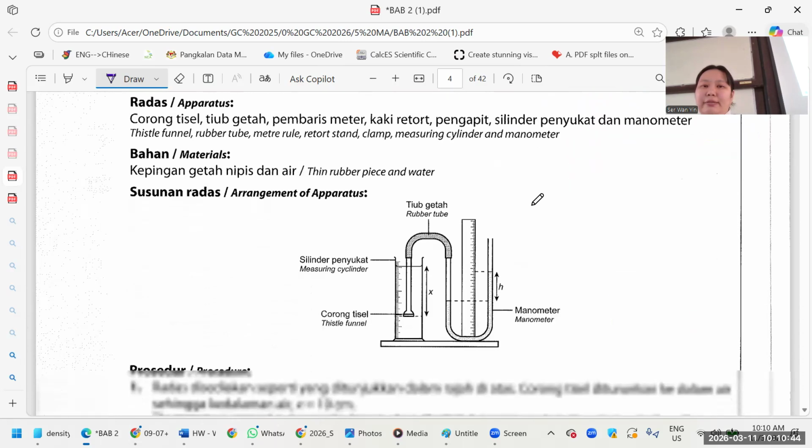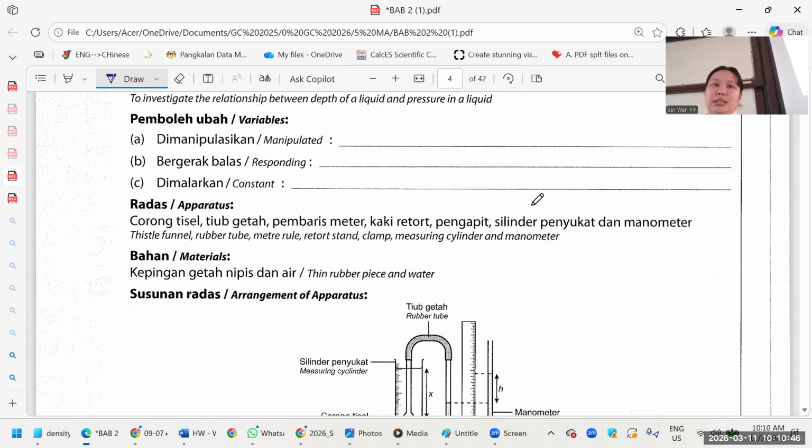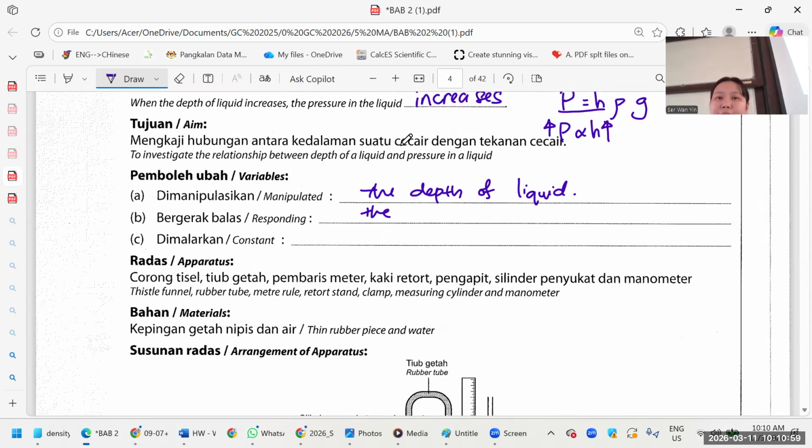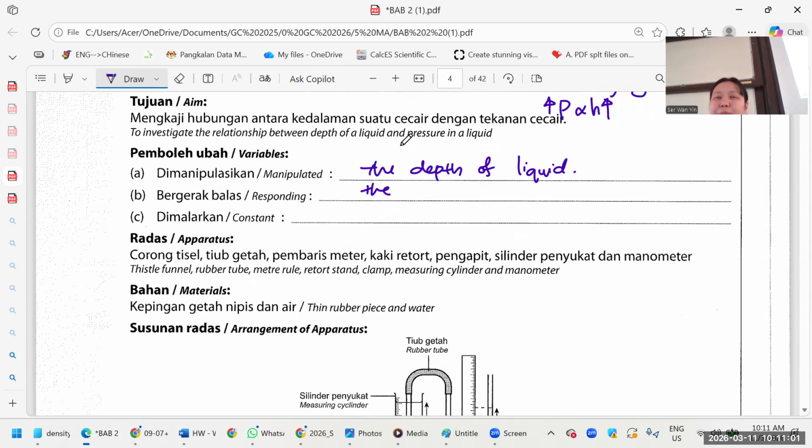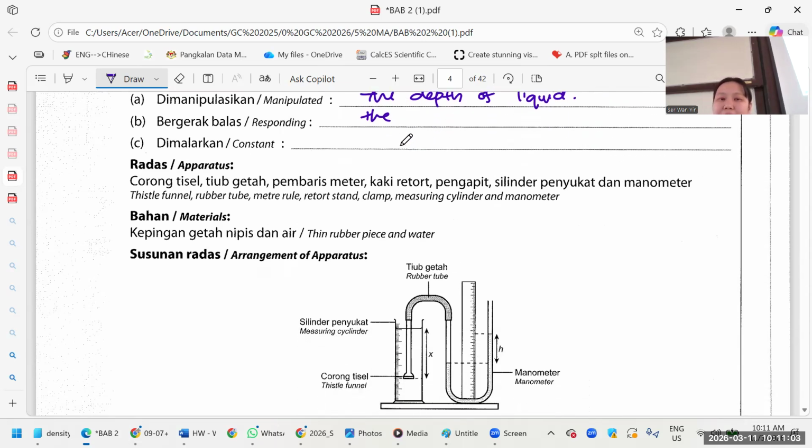Our manipulated variable is the depth of liquid. The corresponding variable would be, for this one, the pressure, which is represented by the difference of heights here.